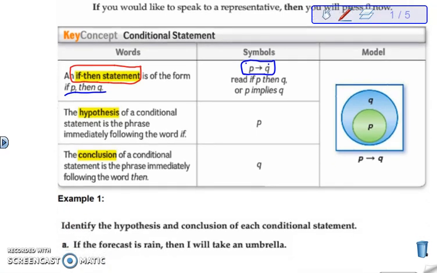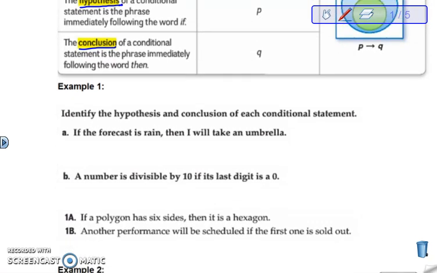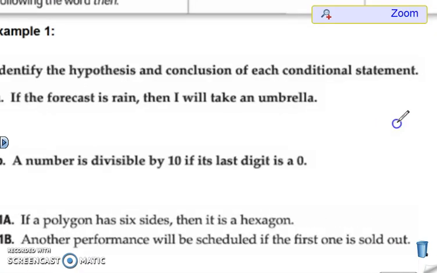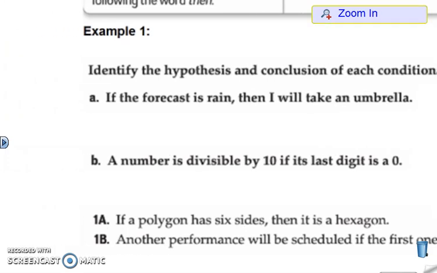The two portions of the sentence are titled the hypothesis and the conclusion. So the hypothesis comes after the word if, and the conclusion is the result of that hypothesis. So if we're looking at an example, if they want us to identify the two parts of the sentence, we're just going to read through it, look for the key word if, and that'll tell us where our hypothesis is.